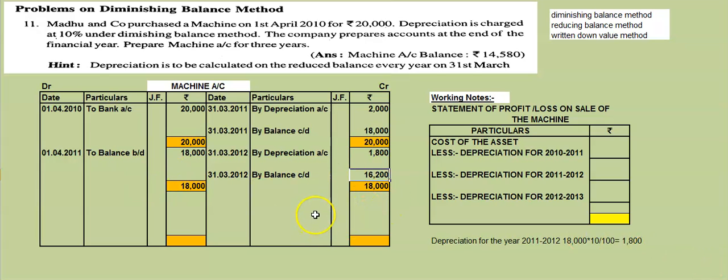So listen carefully. You may get a doubt. Once you start doing, you may have a doubt how we got 16,200 or how we got this 18,000. Many times students ask me, sir, how did you get this 18,000 in the first year? 20,000 is the total of the debit side, 2,000 is the total of the credit side. So you have to balance. What is the procedure of balancing a ledger? We will see both the sides' totals. Here it is 20,000, here it is 2,000.